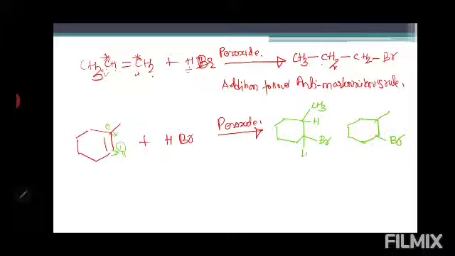So this is your 1-bromo-2-methylcyclohexane. In presence of peroxide, whatever product you get in absence of peroxide as major, you'll get that in minimum amount. Okay sir?